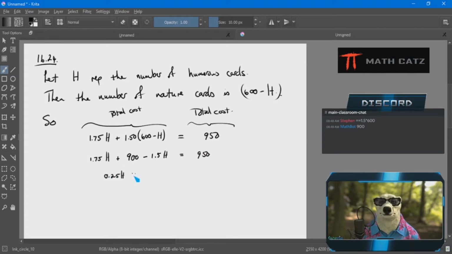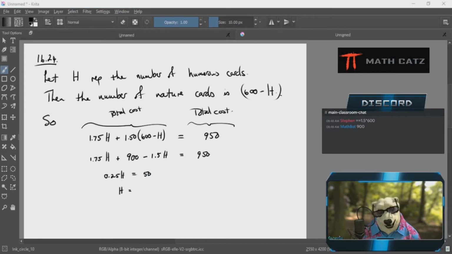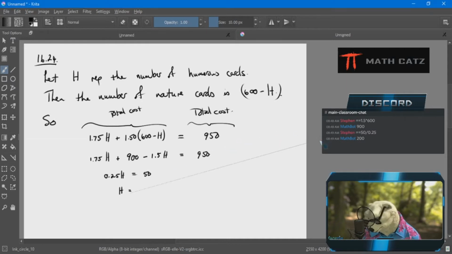I can subtract the 900 on both sides. Whoops, then it just becomes 50. So h is going to be, let's just confirm that, 200, in case you don't care for mental arithmetic. I always try and do a little bit to keep myself sharp, but it's certainly not a requirement. 200. And that is it, a concluding sentence, and I'm done.